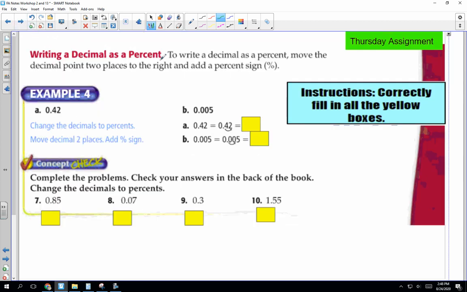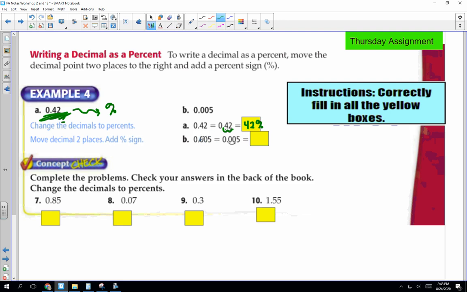Okay, now we're going to go taking a decimal and making it a percent. So we're going to move the decimal place 2 places to the right and add a percentage sign. So if I have 0.42 and I want to write it as a percent, I'm going to move 2 places to the right and make it 42 and throw on the percent.